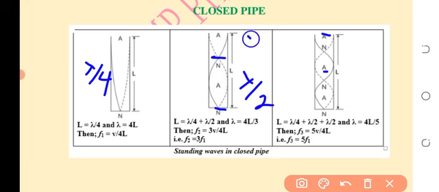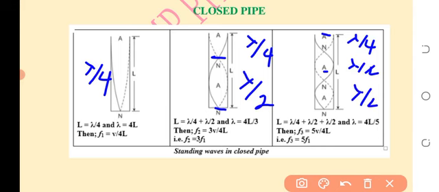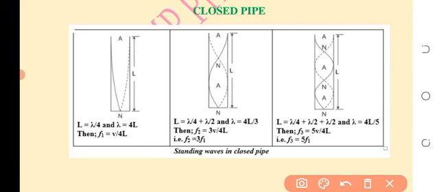So here we have quarter plus half, and here we have quarter plus half plus half. And that is what is displayed here. It means the length of this pipe here, this one is first harmonic mode, this is second harmonic, and this is third harmonic. So in second harmonic, we're going to have this expression.